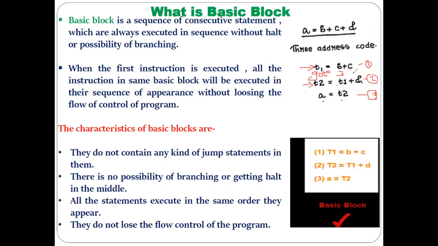Now if you consider this as 2, then this will be 3, this will be 4, and consider there is one more instruction, just for understanding purposes, like x is equal to y. I'm just telling you, okay.